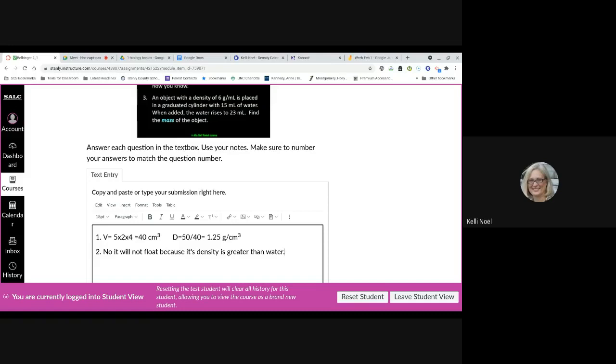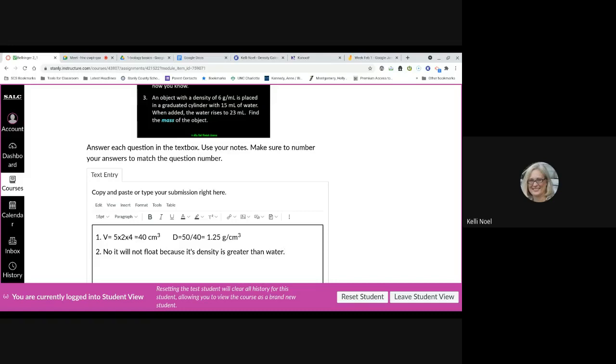So here, an object with a density of 6, so I'm given density, is placed in a graduated cylinder with 15 milliliters of water. When added, the water rises to 23. Find the mass. We have to find the volume first. What am I going to do with those two graduated cylinder measurements?